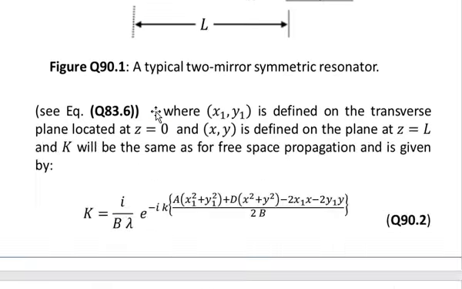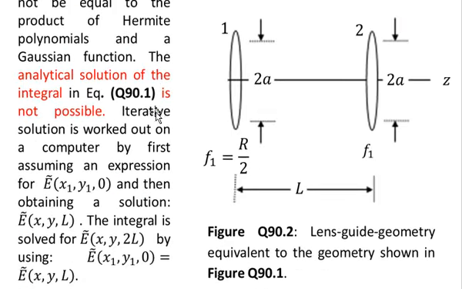That is, for example, look at its lens guide diagram. If we consider a point just before the lens 1, then the field will pass through lens 1, and then the field will travel a distance equal to capital L towards the lens 2, and just before the lens 2, the one pass of the resonator is complete, because after that the symmetric condition will arise.